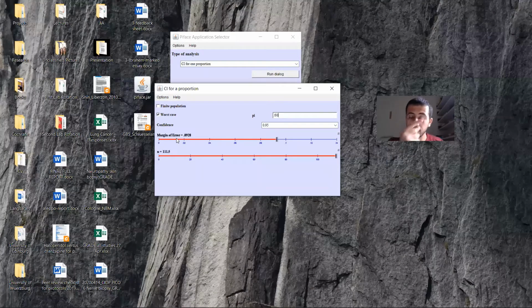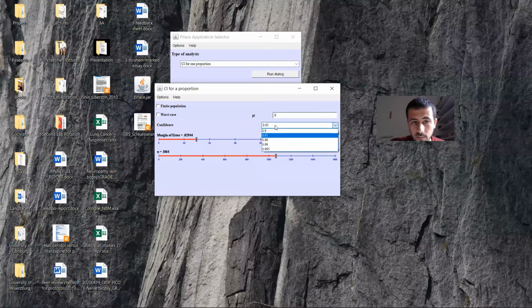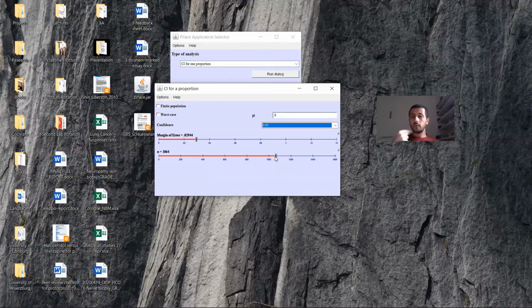But if I go again and gather more patients, 1,000 patients, I will return and tell you I have a proportion of 60%, hopefully, if nothing changed from last year.